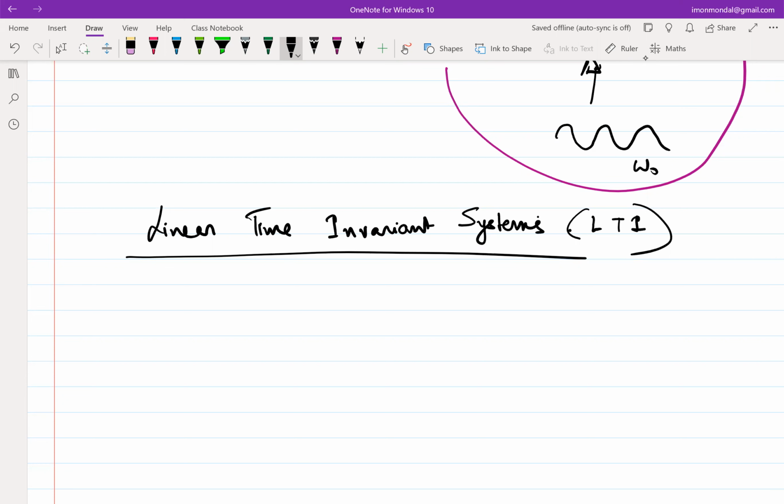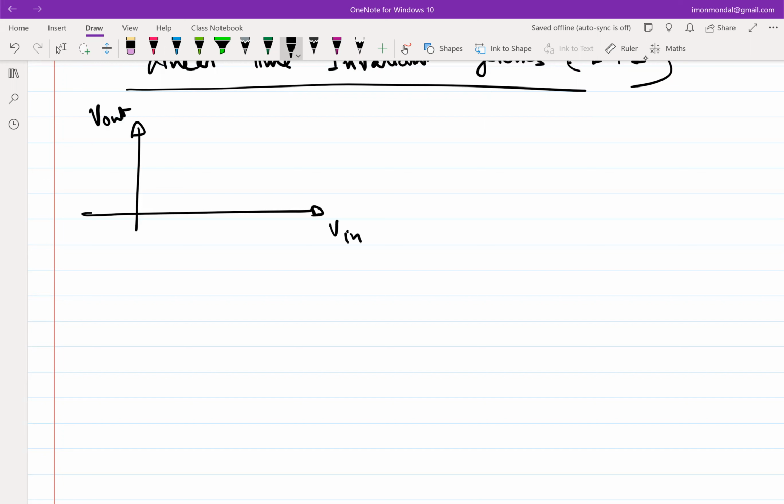Before we start with the analysis of a nonlinear system, let me ask you, how do we identify a linear system? Let's say I have a system where this is V in, this is V out, and my V in versus V out characteristic looks like this.